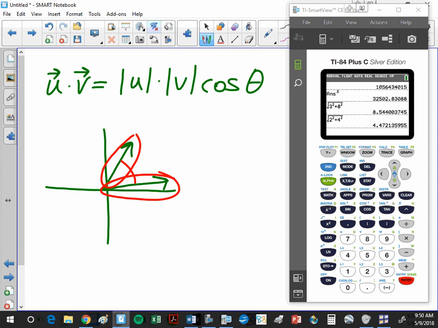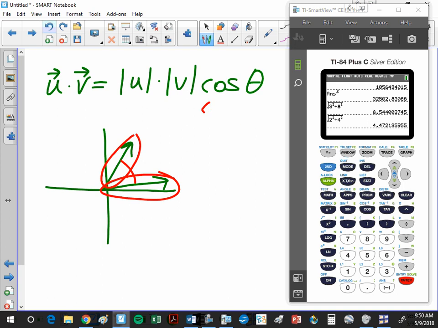Well, when the angle between them is 90 degrees, the cosine of 90 is 0, which is why it turns into 0.